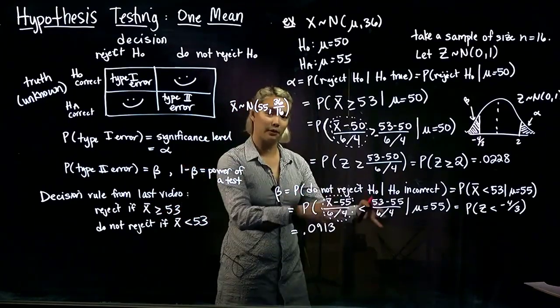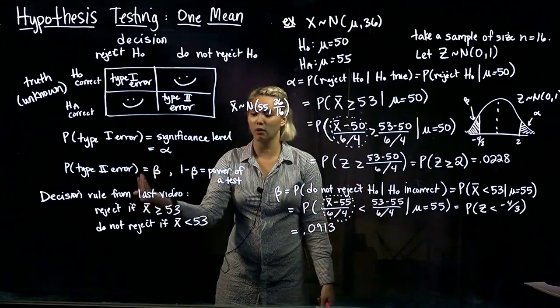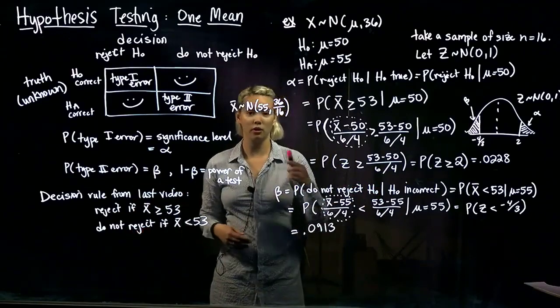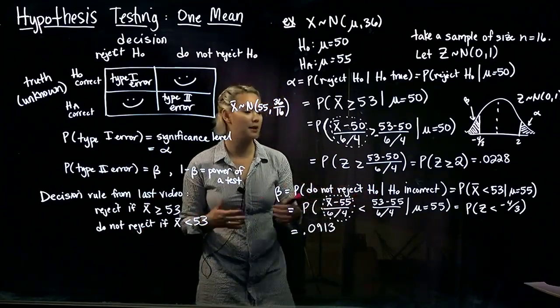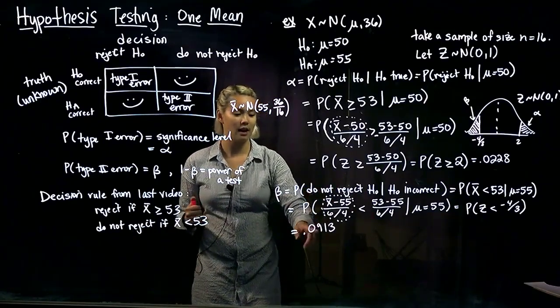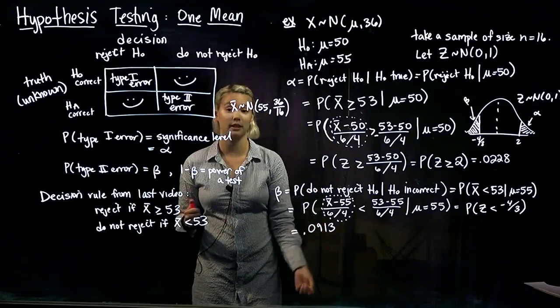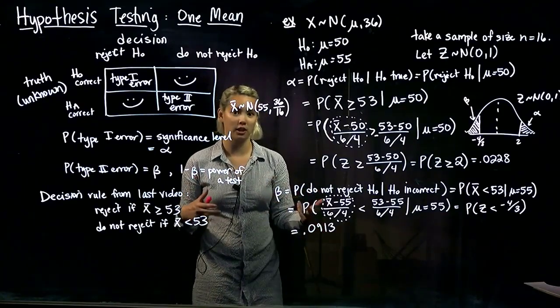Then you get another sample of size 16, follow the same process, and end up rejecting or not rejecting. You do this over and over for some huge number of times, maybe 1 million, maybe 10 million, and then what you'll find is that about 9.13% of the time you will be mistakenly not rejecting the null.